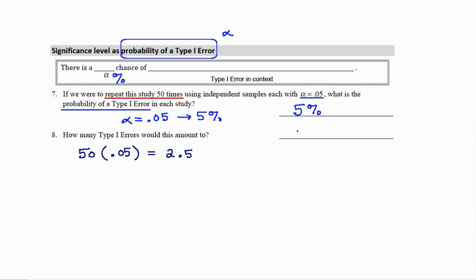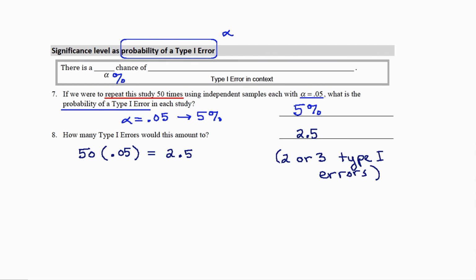So we would expect to see 2.5, meaning that we would expect to see 2 or 3 type 1 errors using this rule on a study of this nature.